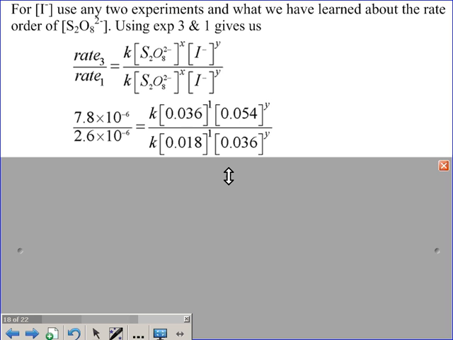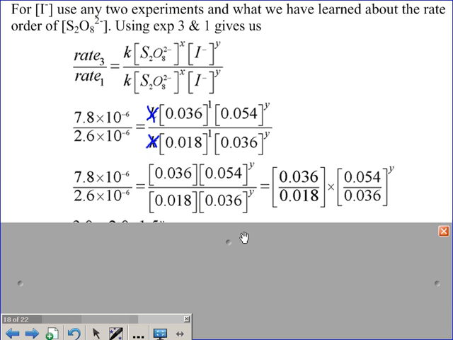So now, the only thing that's going to cancel out is the k. But when you have a product, and when you have a common multiple, when you can bring something out of a fraction, you can separate it like this. So I can separate out this fraction from this fraction. And you can check this for yourself to see that this works all the time.